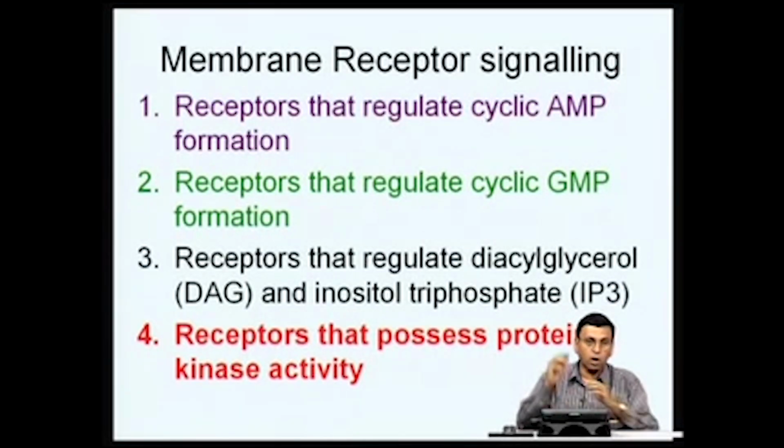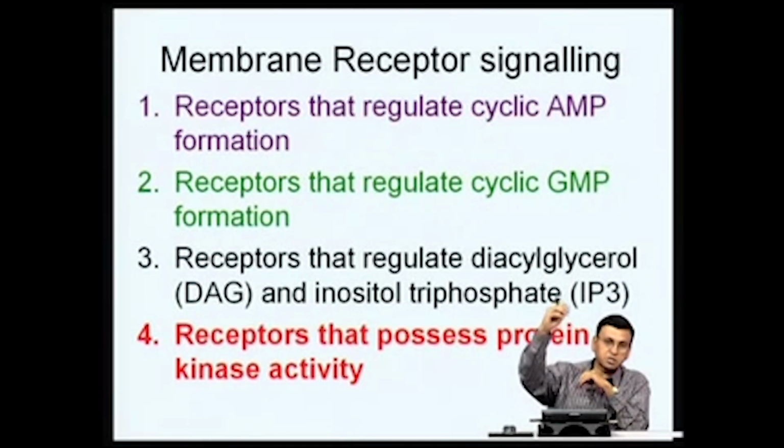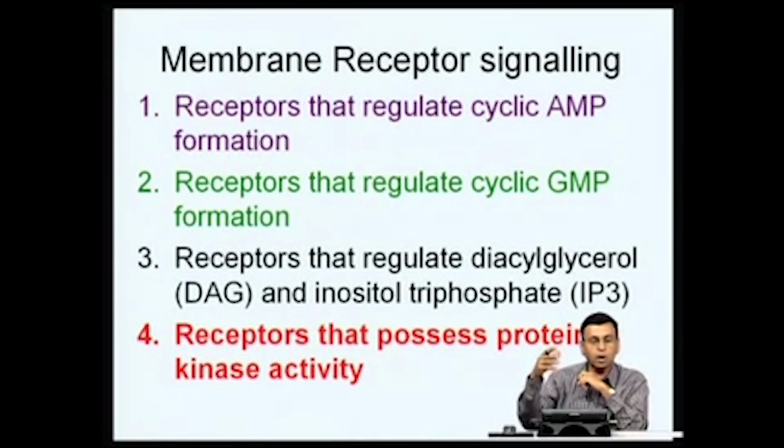Okay. So, what we will discuss in the next few classes is how, when certain hormones, especially the polypeptide growth factors like epidermal growth factor, bind to the cell surface receptors, the tyrosine kinase activity of these receptors is activated, and as a result it now activates monomeric G proteins like RAS, and this RAS in turn activates a series of kinases, leading to the activation of the MAP kinase pathway, resulting in the activation and repression of specific target genes.